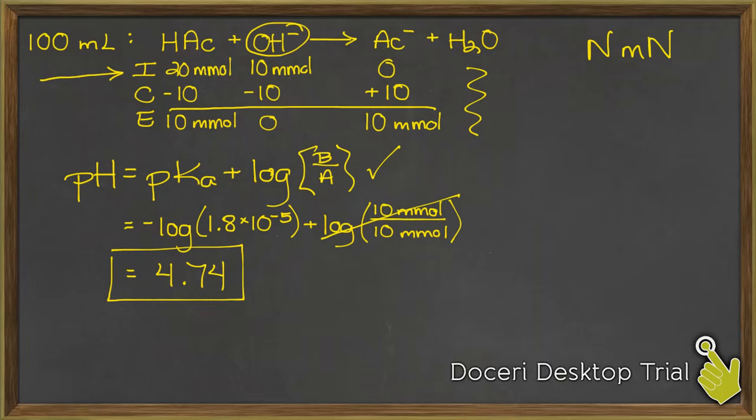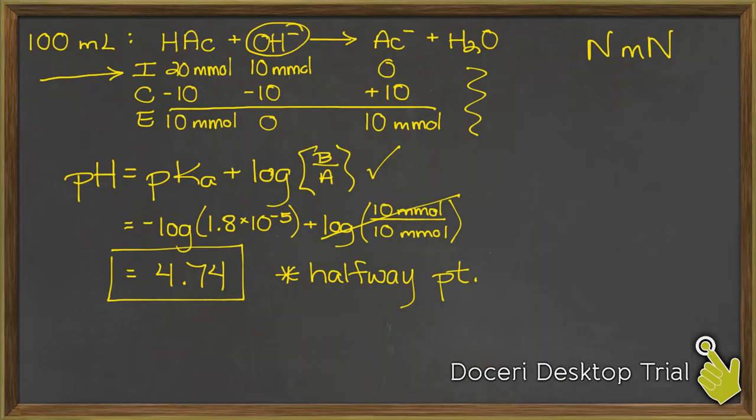We have added enough base to neutralize half of our analyte. Don't you agree? We've cut that acid in half. So ladies and gentlemen, this stage in the titration is special. It has a name, and we talked about this a little bit before.